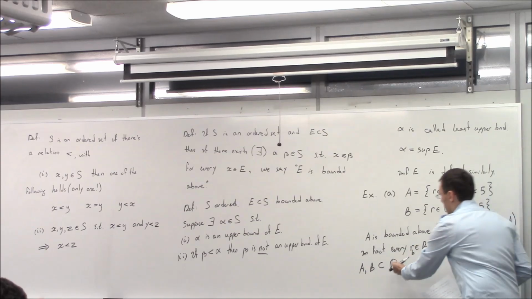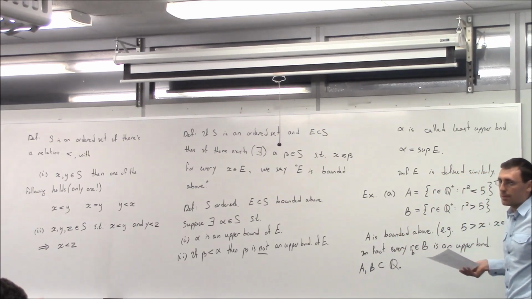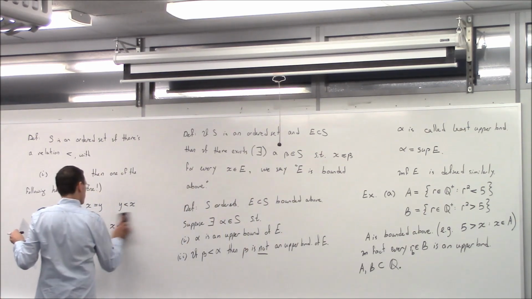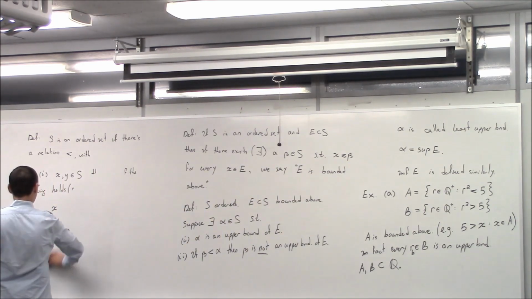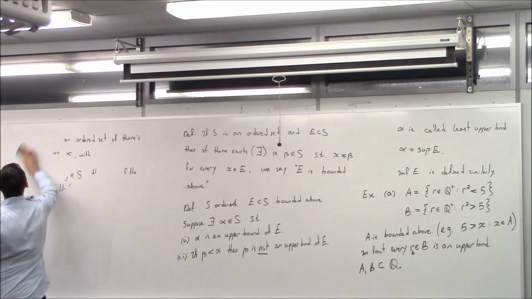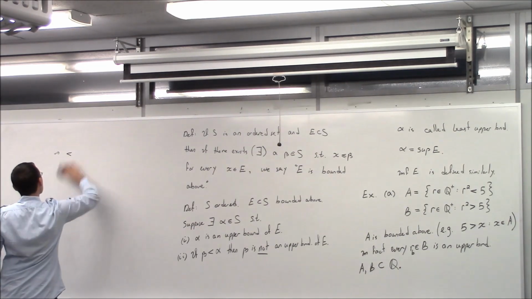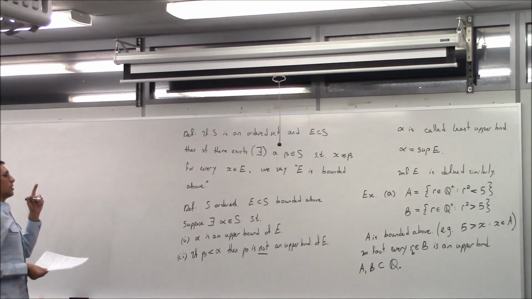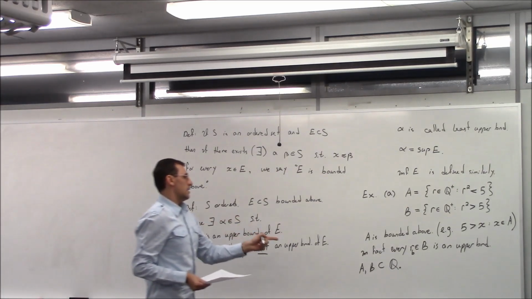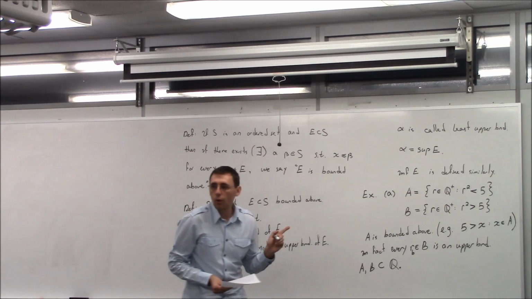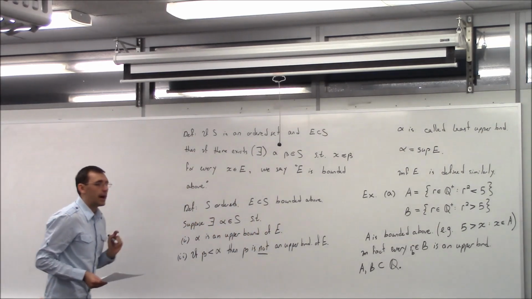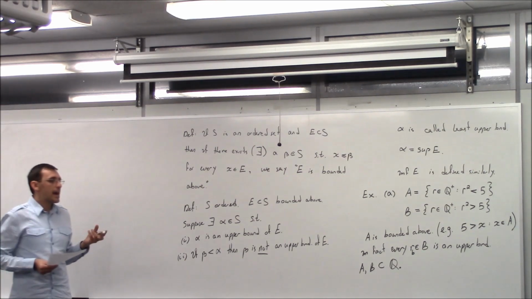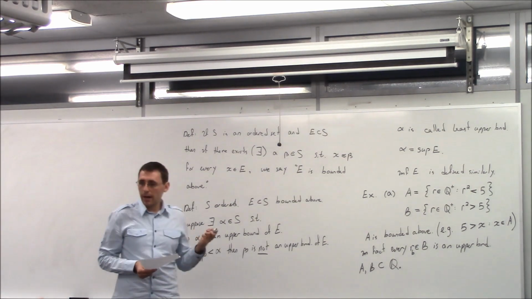You know the Q more or less, you know which numbers are bigger than others. So if I look at A and B in Q, they are ordered sets. A is bounded above, but does A have a least upper bound?